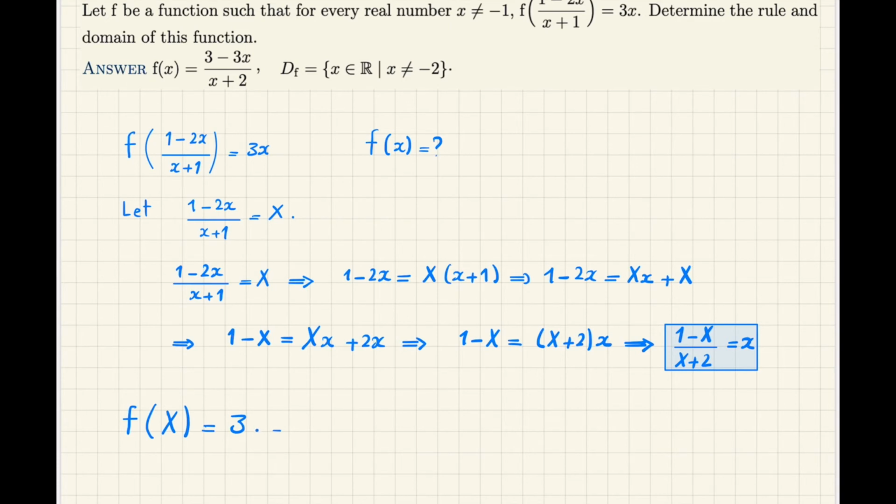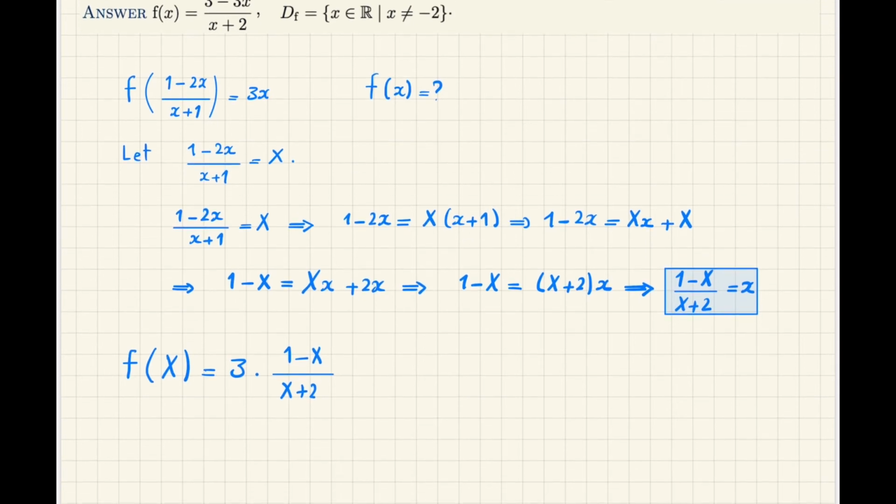But little x is expressed in terms of capital X as (1 minus capital X) divided by (capital X plus 2). So this 3 here can be multiplied in the numerator. So this tells me that f of any input, call it capital X, it doesn't matter, becomes (3 minus 3 capital X) divided by (capital X plus 2).